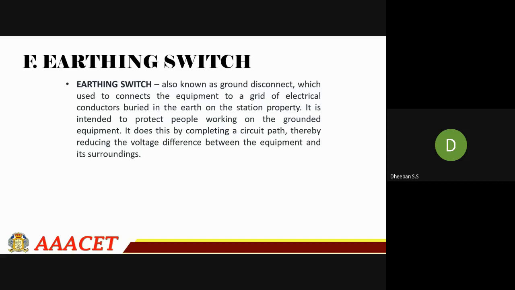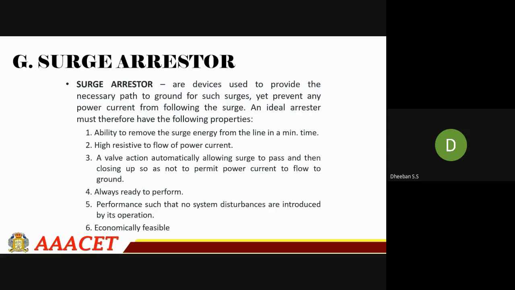Earthing switch, also known as ground disconnect. It is mainly used for the protection purpose. For the people working on the ground equipment, these kinds of instruments are used for protection.